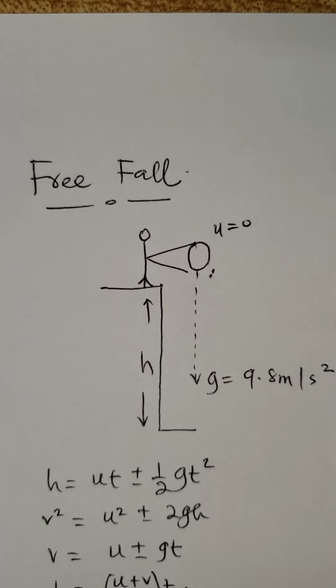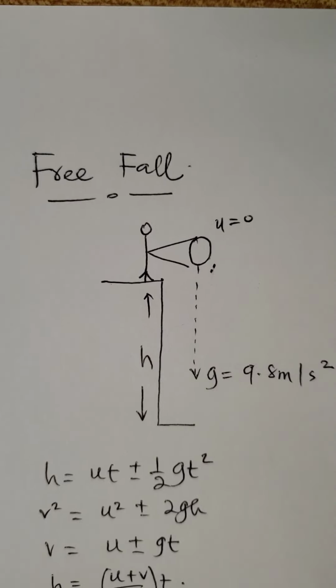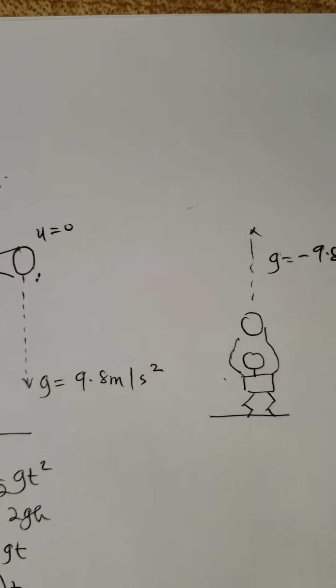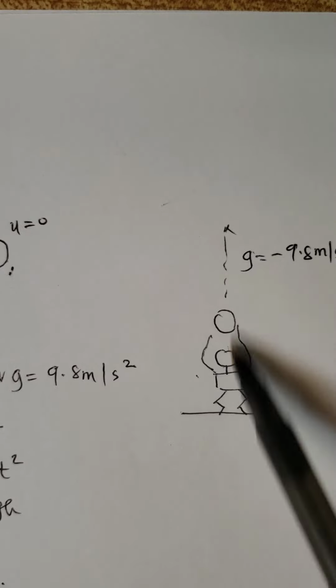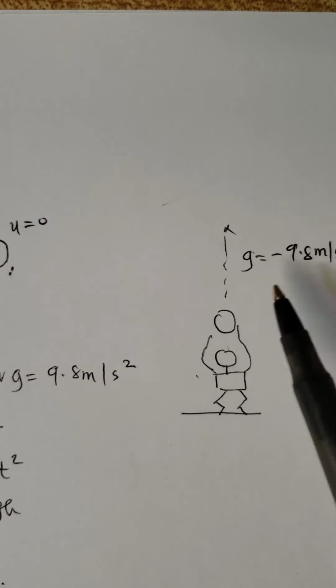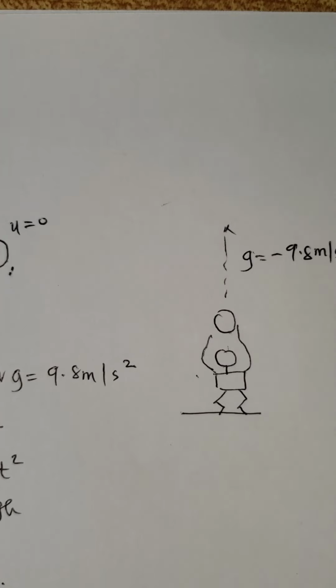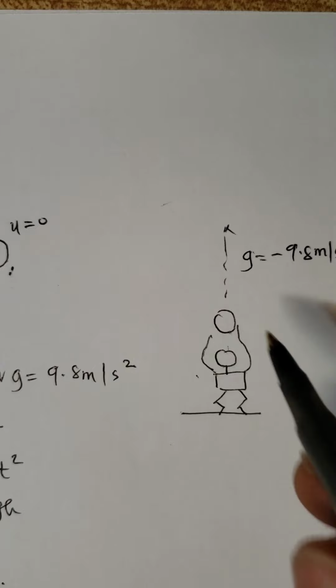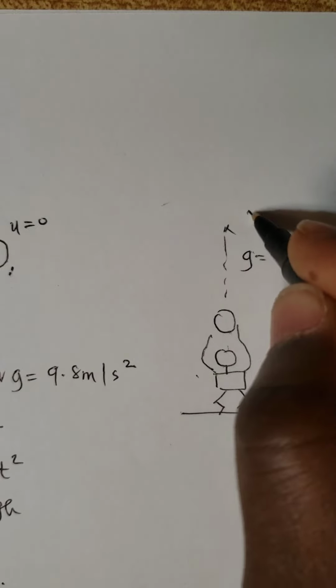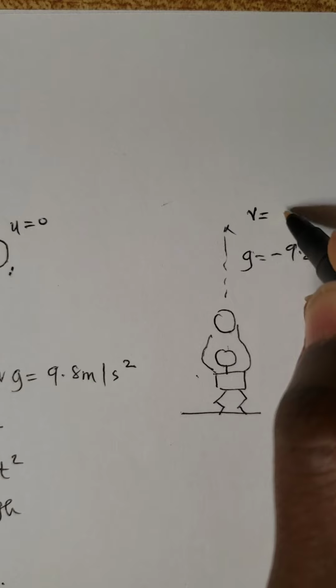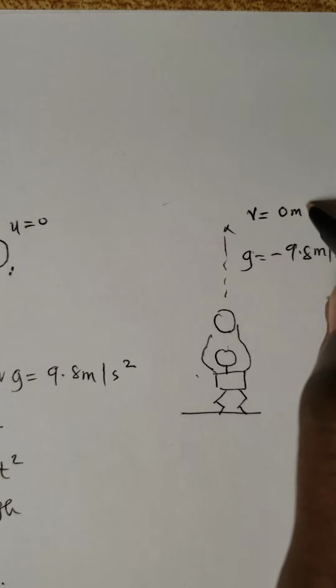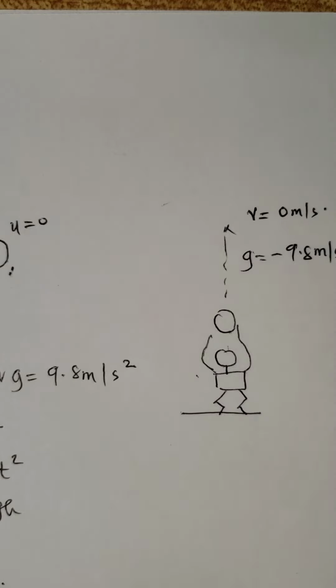Now, the fourth concept is that if an object is thrown upward, that is, for this case, you can see here that this ball is thrown upward in a perfect vertical direction. Upward, you can see it. Now, at this point here, that's at maximum height, our velocity is 0 meters per second.